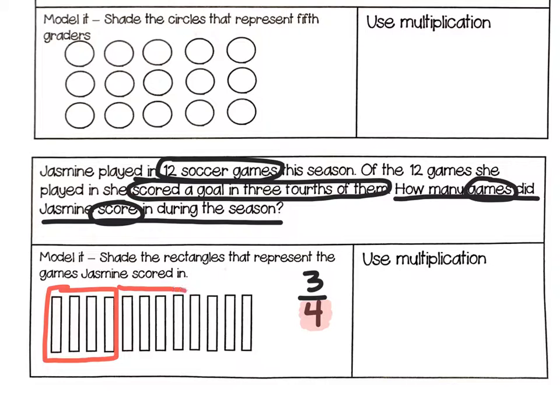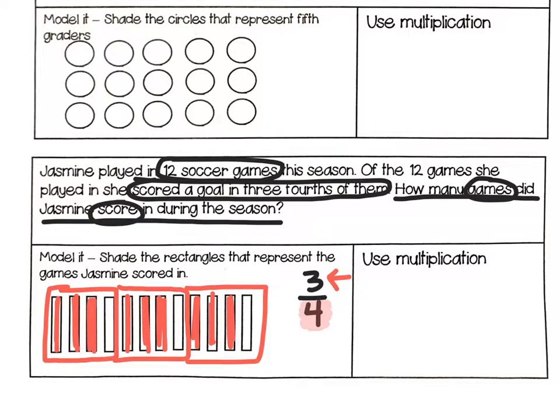1, 2, 3, 4. And 1, 2, 3, 4. And my numerator is going to tell me how many rectangles to shade out of the 4. And my numerator is a 3, so I'm going to shade in 3 rectangles out of the 4. 1, 2, 3.